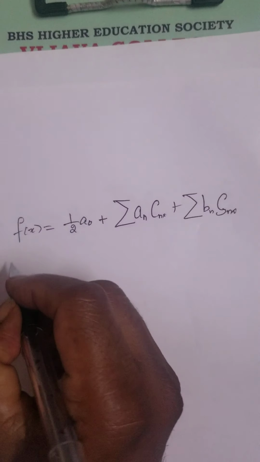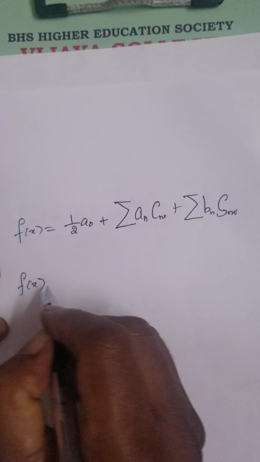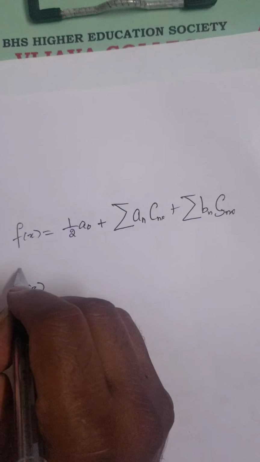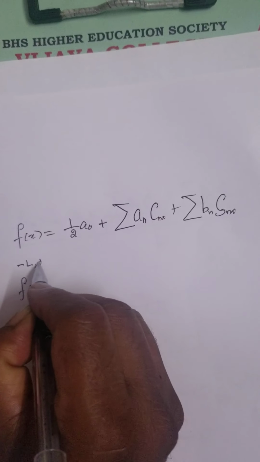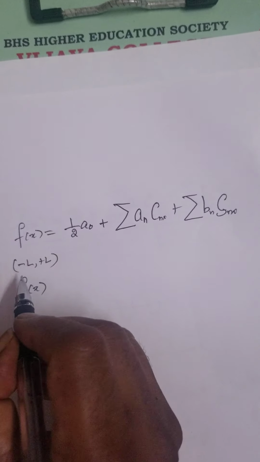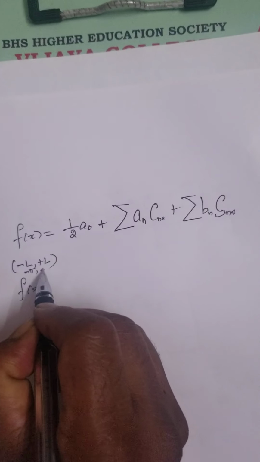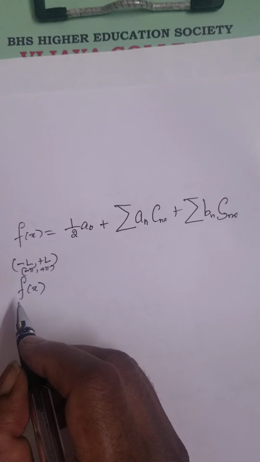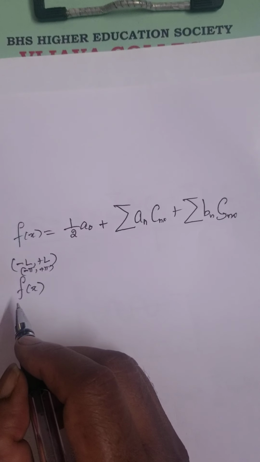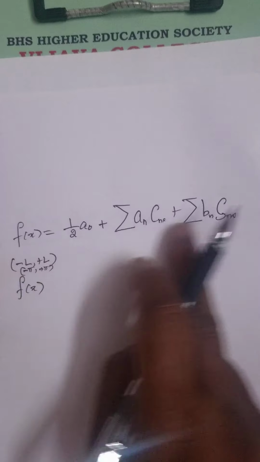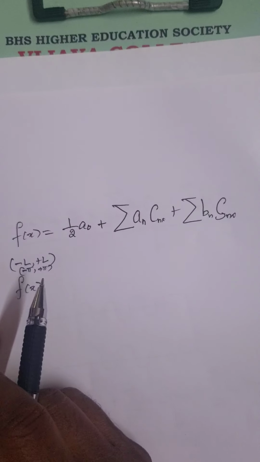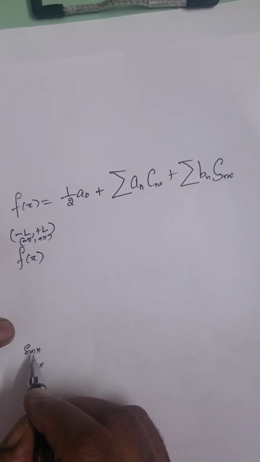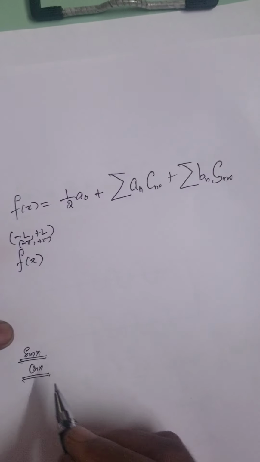A better way is that f(x) is a periodic function in an interval minus L and plus L, or you can write minus pi and plus pi in that interval. It is an infinite series representation of periodic functions. What are periodic functions? You know, sin x, cos x, the sine and cosine functions.